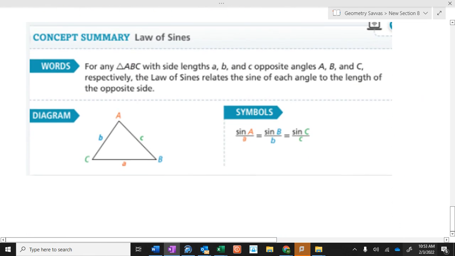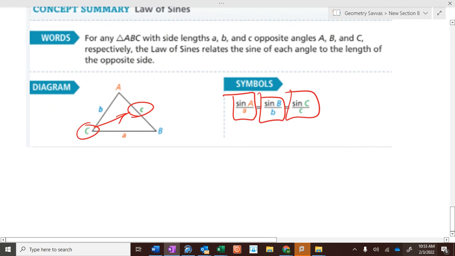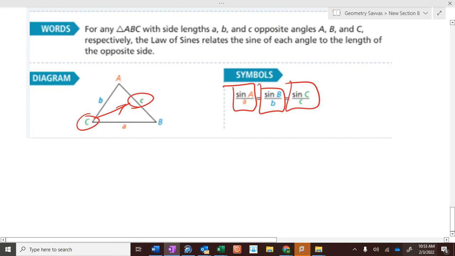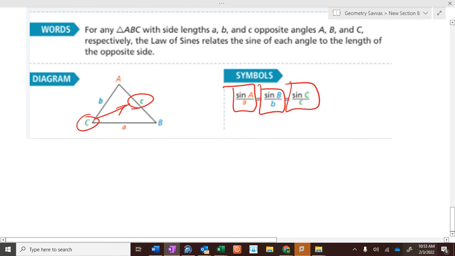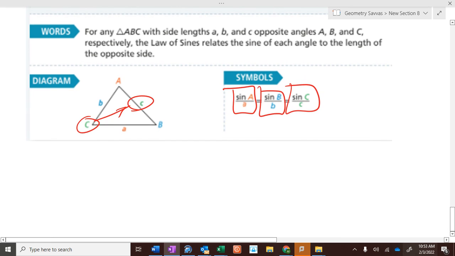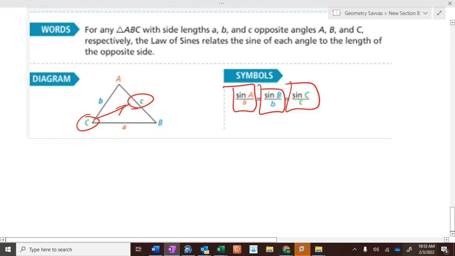All right, so the law of sines. Sine of A over a equals sine of B over b, which equals sine of C over c. The capital letter is the angle. The opposite side is the same letter, but the lowercase letter. Okay? When you're finding an angle, it's second sine, second answer.